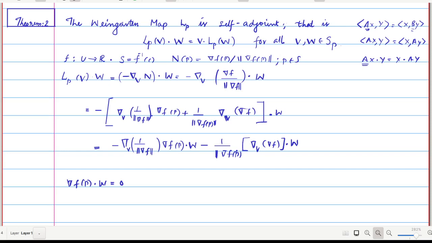So using this result, the first term is 0, and the remaining is: Lp V dot W can be written as minus 1 by norm del f of p times del V of del f, dot W.